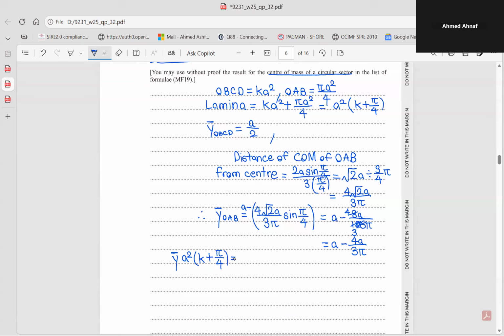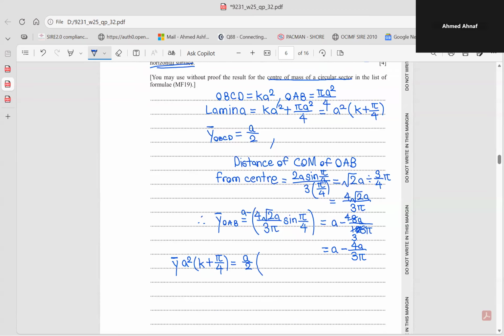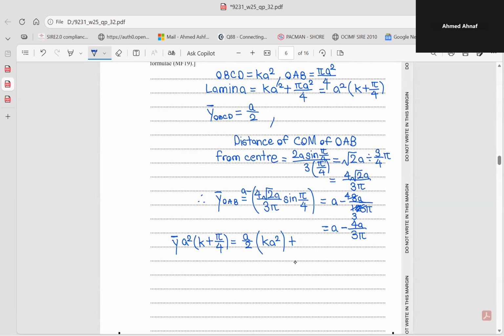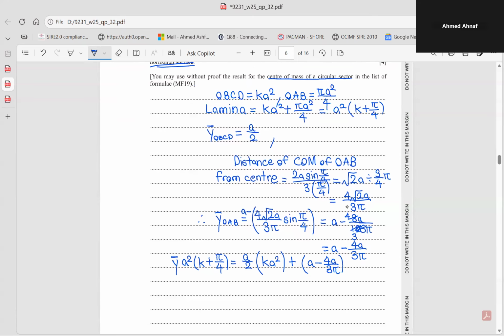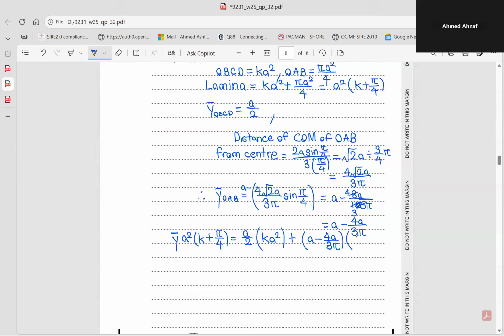So y bar times a squared times (k plus pi over 4) equals the moment for OBCD, which is a over 2 times k a squared, plus for OAB, a minus 4a over 3 pi times pi a squared over 4.